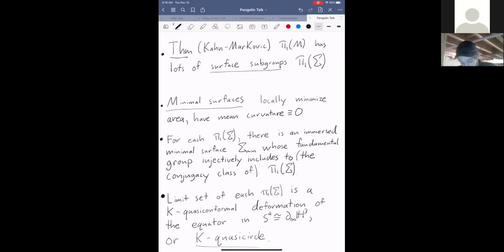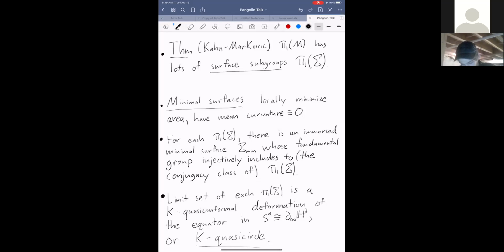We summarize all that by saying it's a K quasi-circle. So what's going on with this? We think of 3-dimensional hyperbolic space as the Poincaré ball, and the boundary at infinity is the Riemann sphere, S2.